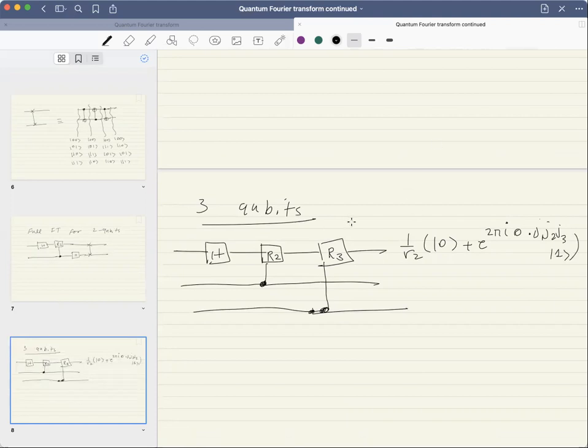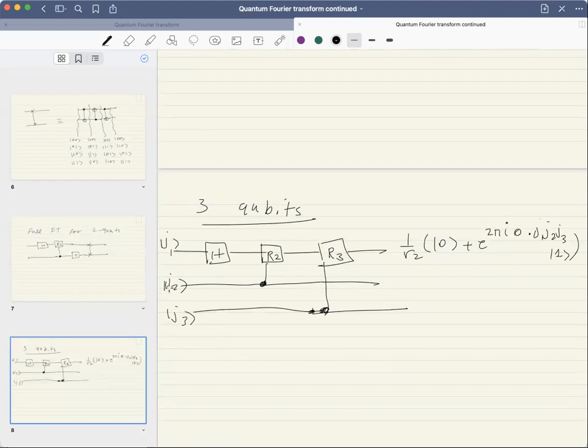So now let me try to do the point J2, J3 on the second one. So here I'm sending J1, here I'm sending in J2, here I'm sending in J3. So at this stage, these two guys haven't changed. They're still J2 and J3.